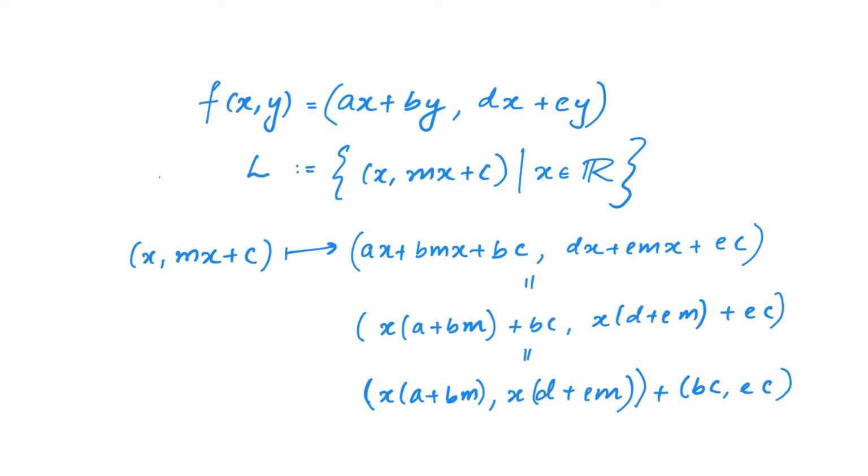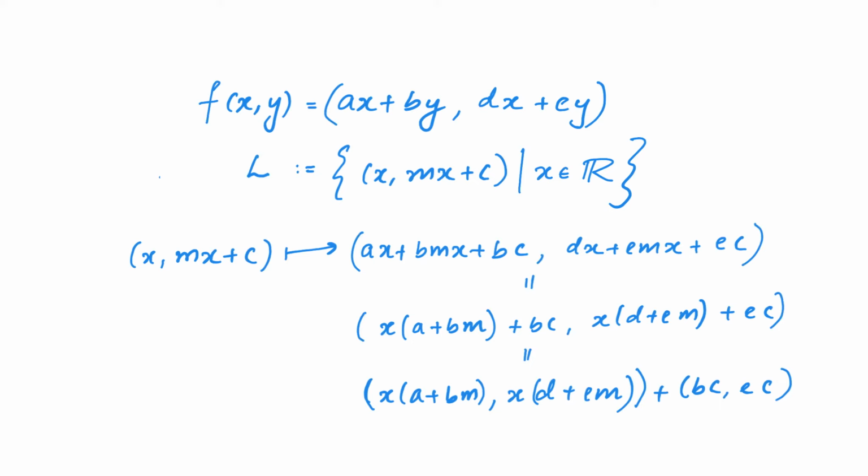We already saw that (x(a + bm), x(d + em)), where x belongs to R, is a line. And then we can apply homework 1 to show that if you add the constants to all elements, that will still be a line.